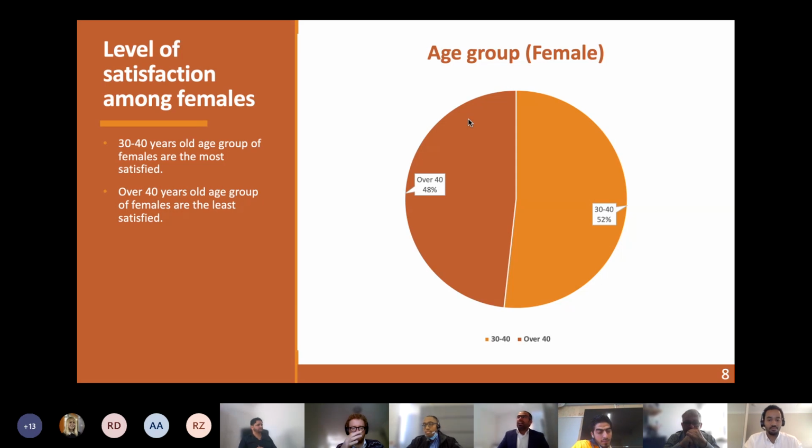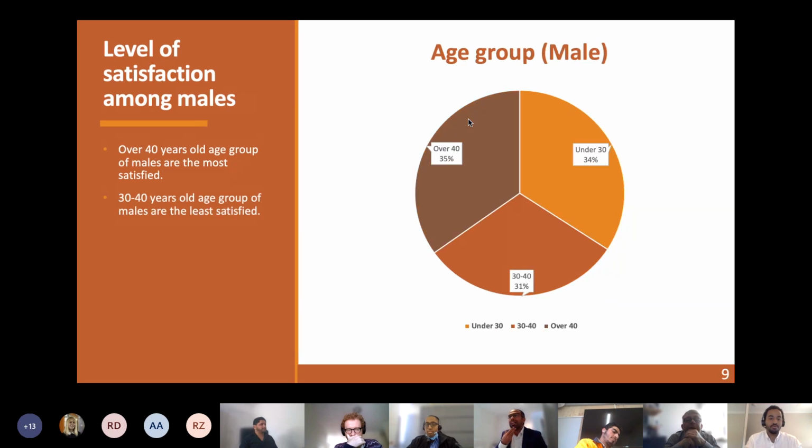Now for the male candidates, as you can see from the pie chart, males over 40 years old indicated a high level of satisfaction, whereas in comparison to female candidates, male candidates aged 30 to 40 indicated a lower level of satisfaction.